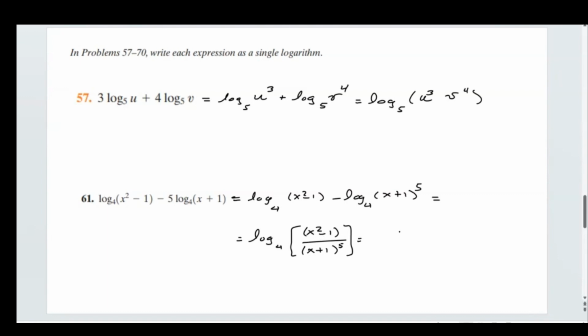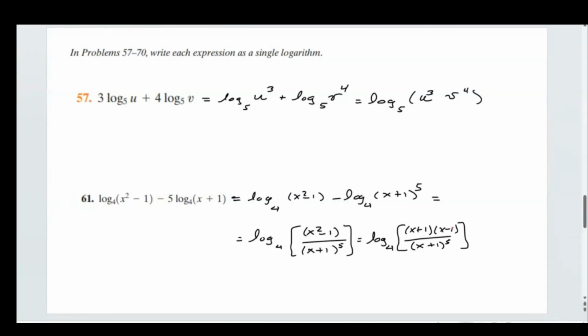We're going to now factor x squared minus 1, so we have the log in base 4 of x plus 1, x minus 1 over x plus 1 to the fifth.